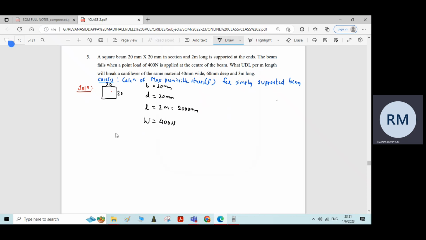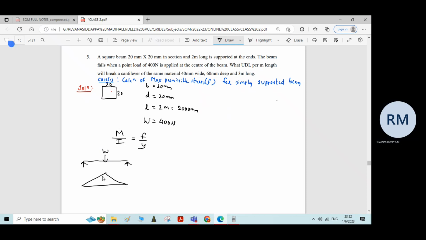Now we'll take the bending equation, that is M by I is equal to F by Y. For simply supported beam carrying concentrated load at the center, the formula for maximum bending moment, we know that it is WL by 4.